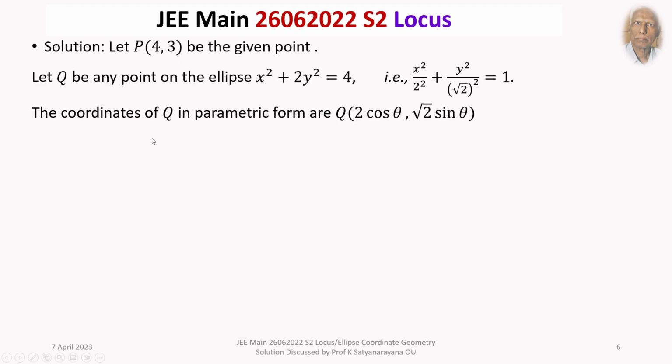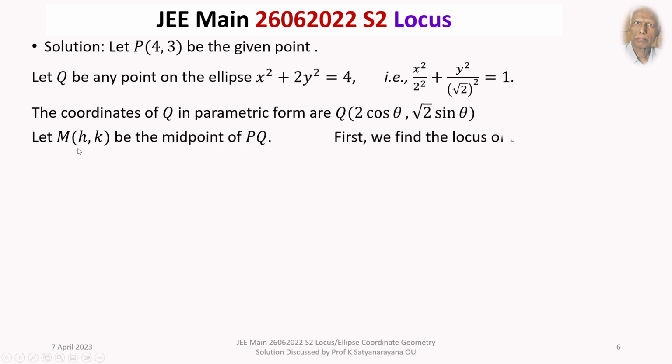Following that, we get the coordinates of Q in parametric form as (2 cos theta, root 2 sin theta). Now, we have to find the midpoint of the line segment joining P and Q.